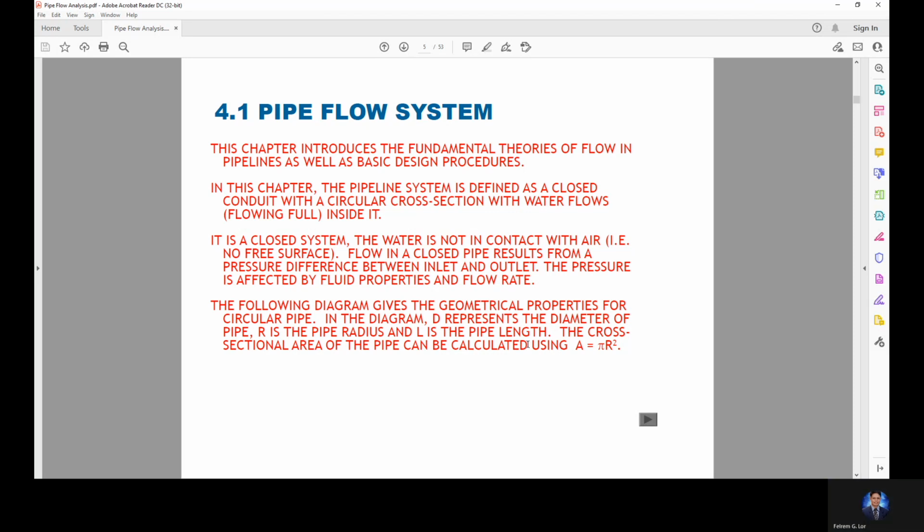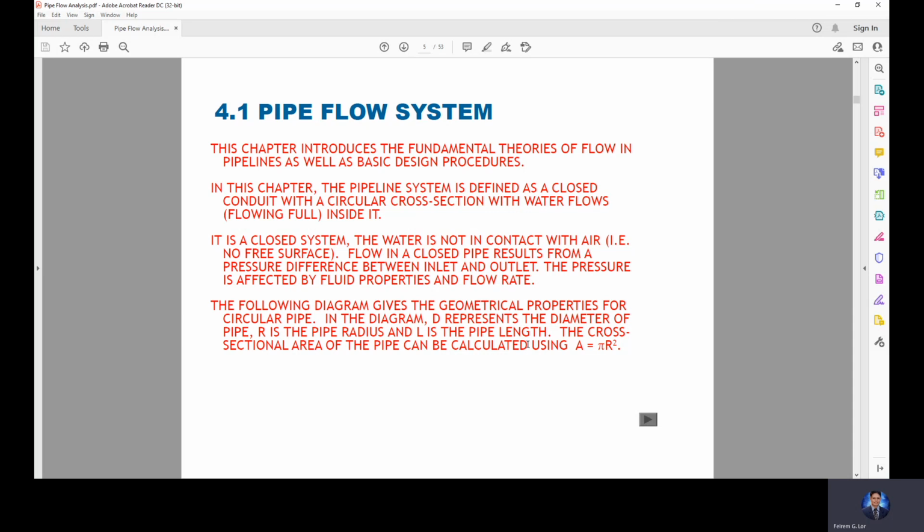So flow in pipes, as we know, does not follow the atmospheric pressure because a pipe is a closed conduit, so it's not open to the atmosphere. So the pressure is more than, equal to, or less than the atmospheric pressure.